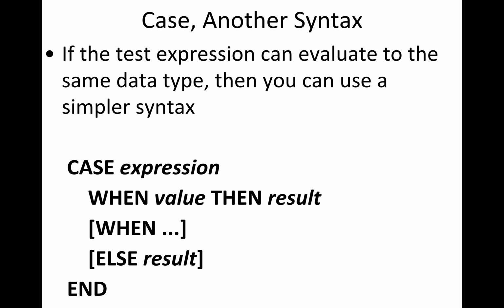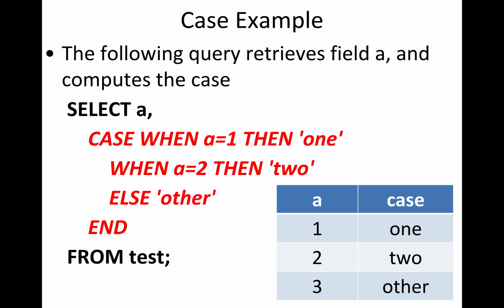So there's a couple of different syntaxes for accomplishing the same thing. Notice that here, the when is fairly powerful because each one has its own predicate, right, independently from another predicate.